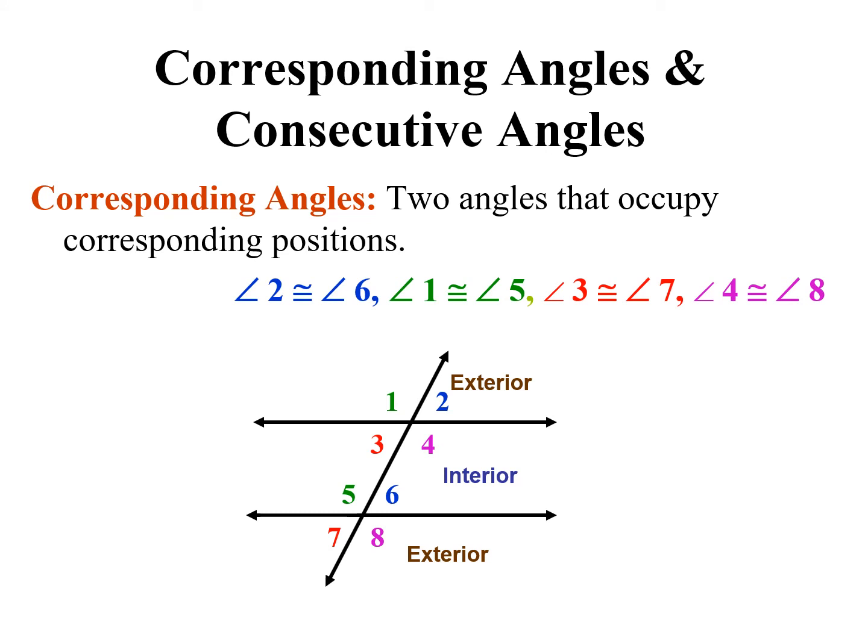Take note that the corresponding angles are all congruent. Angle 2 is congruent to angle 6, angle 1 is congruent to angle 5, angle 3 is congruent to angle 7, angle 4 is congruent to angle 8.